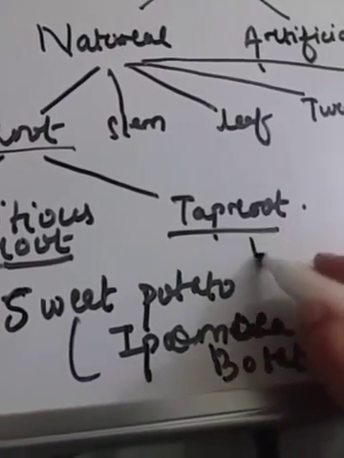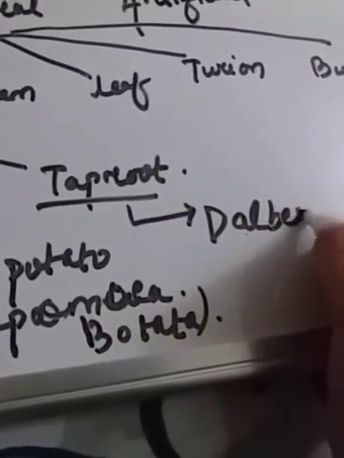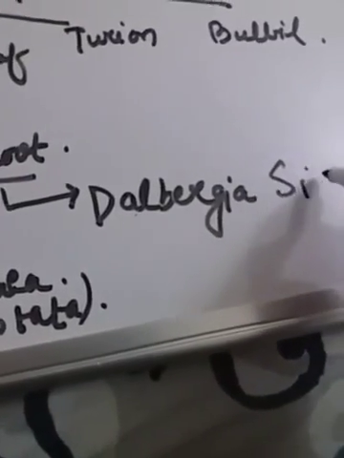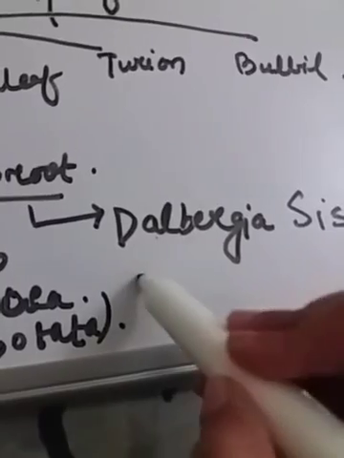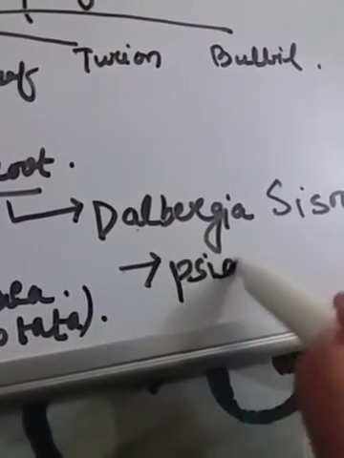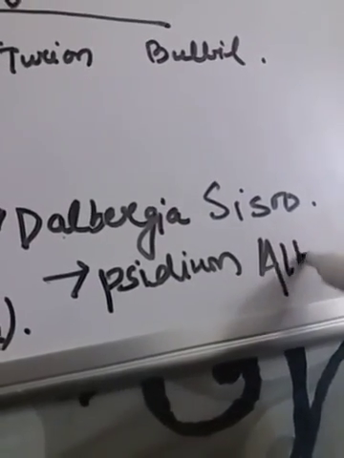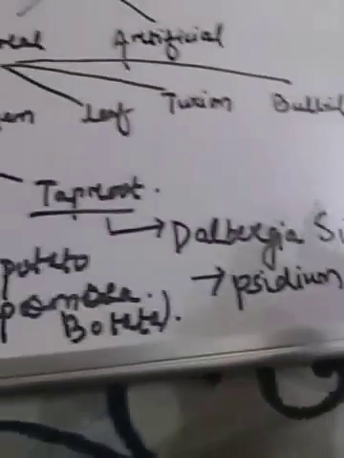And in taproot, Dalbergia sissoo. These are a bit complicated, so you have to remember them by learning by heart. And Citrus albigea.